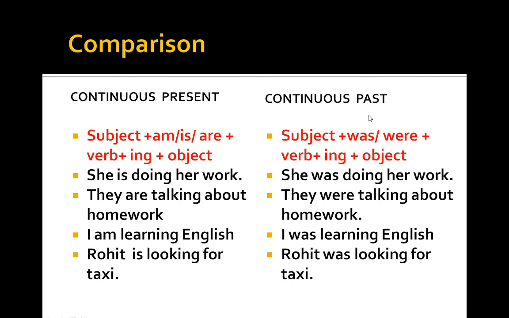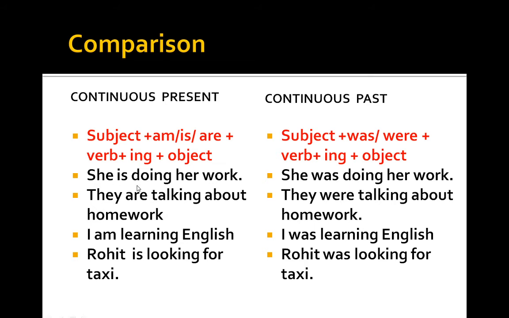And the formula of continuous past has only one change: subject plus was or were plus verb plus ing plus object. With these examples you may get a clear idea about what kind of changes take place when there is a change in tense.